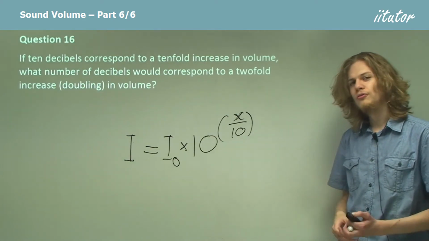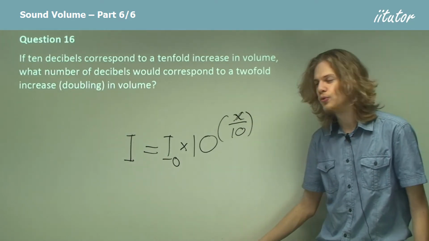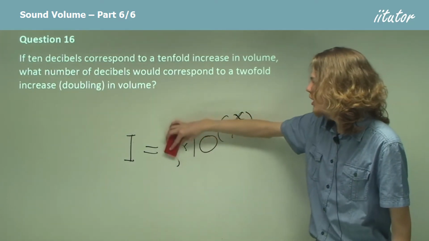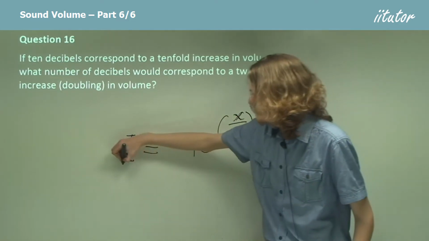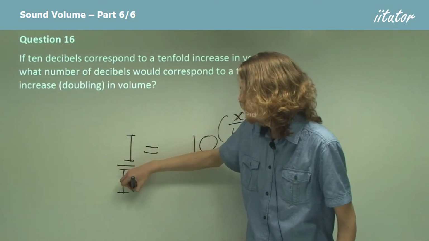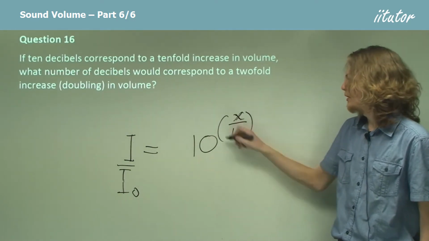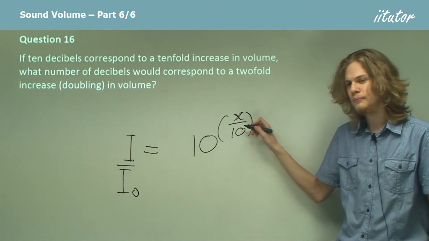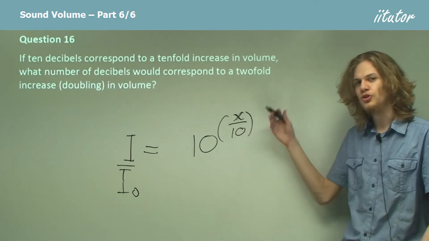Now, if we want to find an increase of a factor of 10 or by a factor of 2, then we should divide both sides by that I0. Right? So that means that if this is a factor of 10, then we need this whole thing to be 10. So x over 10 needs to be 1, so x is 10.